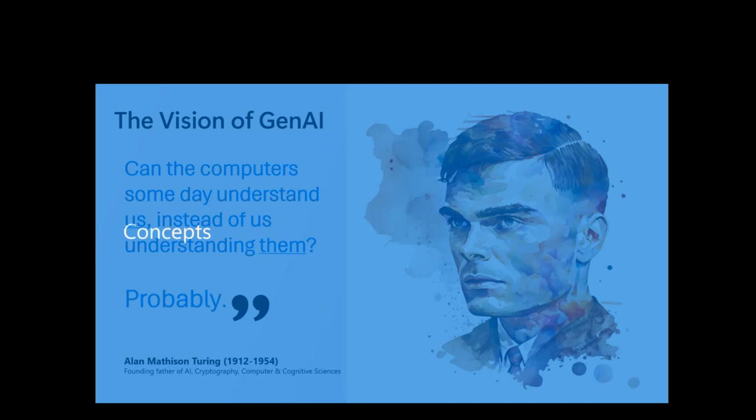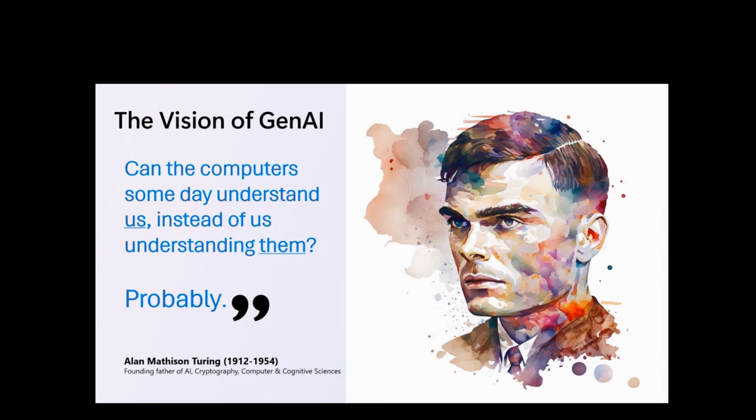So some basic housekeeping before we deep dive into the SLMs is a quick look at what the vision of generative AI is. In summary, you may think of this as the essence of AI: what our founding fathers dreamt of was a very simple vision. That is, can computers someday understand us, instead of us making all the effort that we currently do, trying to build complex algorithms and mathematical models and understanding them?